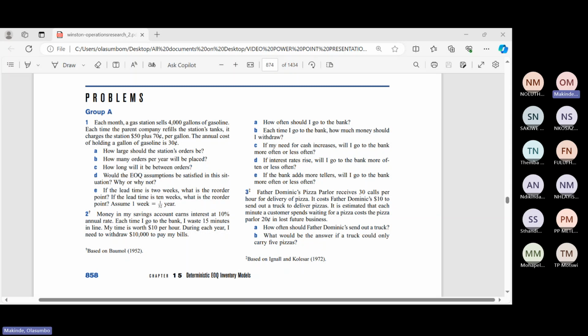So then let's see what is our K in this case. K is 10, correct? Because they said it costs Father Dominic $10 to send out. Yeah, so that is K. It is estimated that each minute a customer spends waiting for a pizza, it costs the pizza parlor 20 cents. So what is our H in this case?